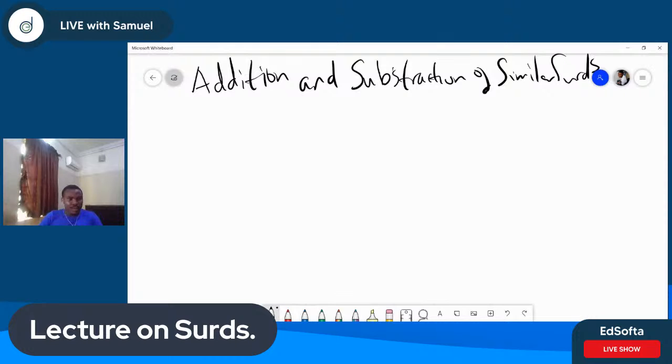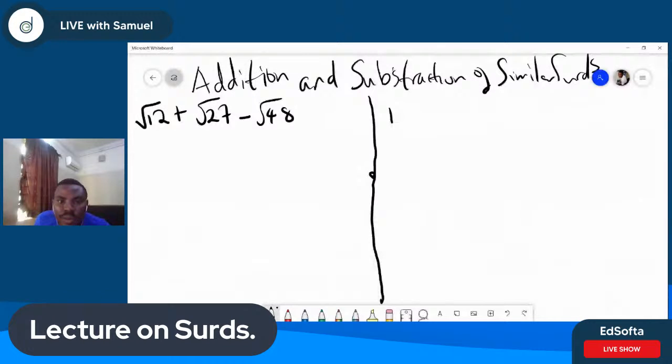So we have root 12 plus root 27 minus root 48. First, we look at 12.